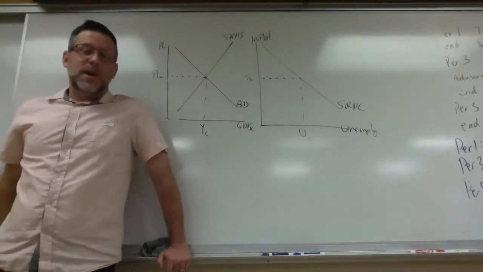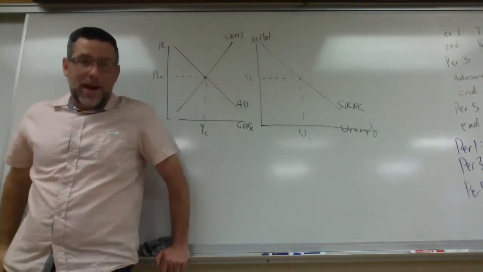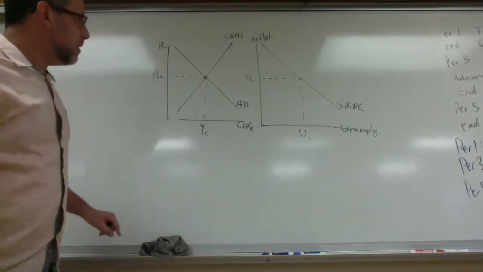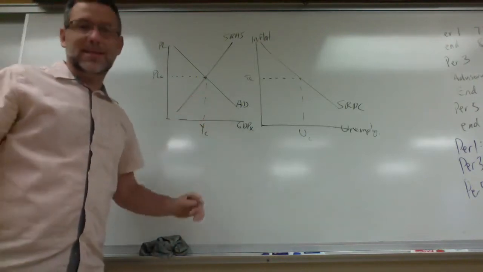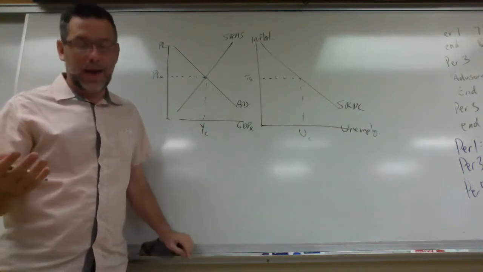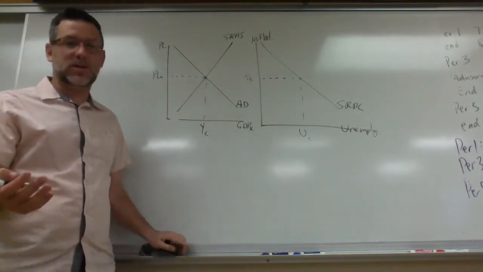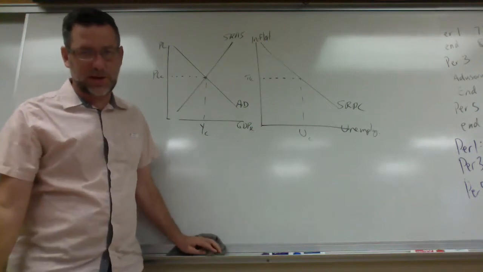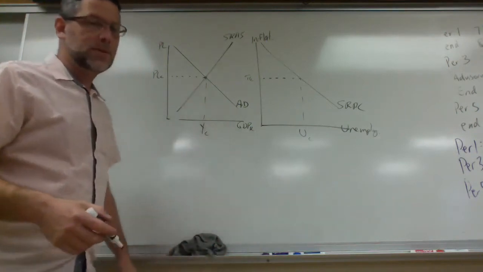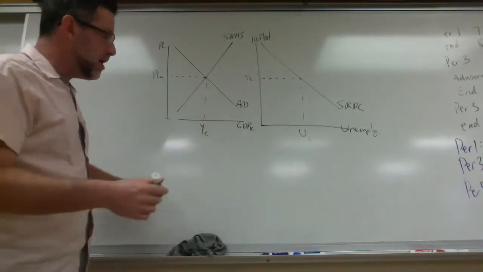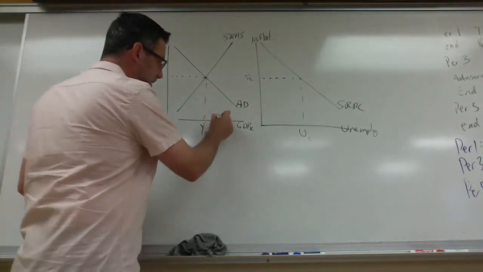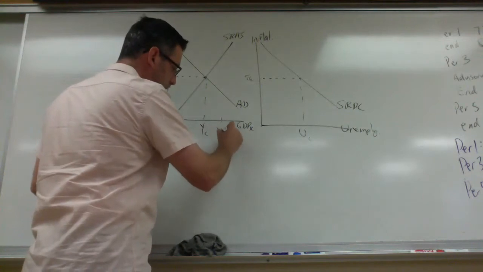So what we have here is two side-by-side graphs and they're matched up. Now, let's say that we had to draw a recessionary gap. So the question said, start off with a recessionary gap. Cool. I'm starting with a recessionary gap, right? I have to remember over here, that means my current output is less than my full employment output.